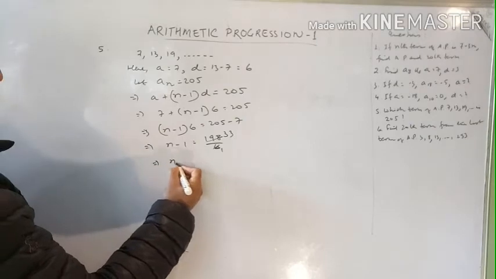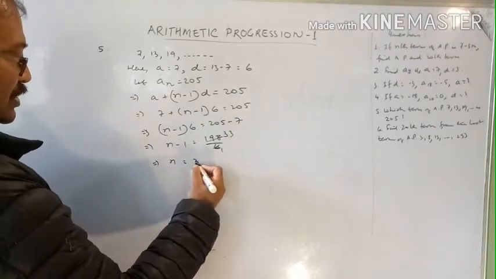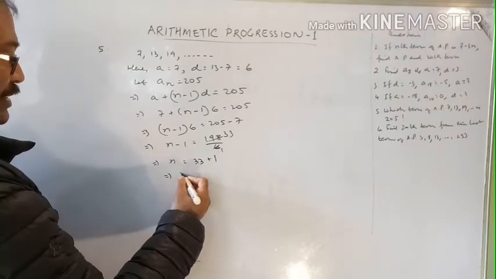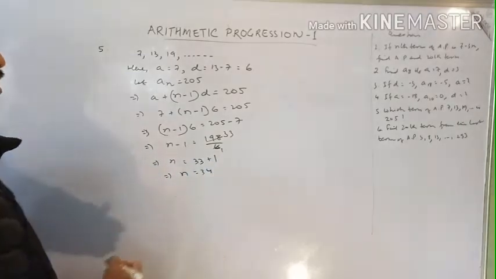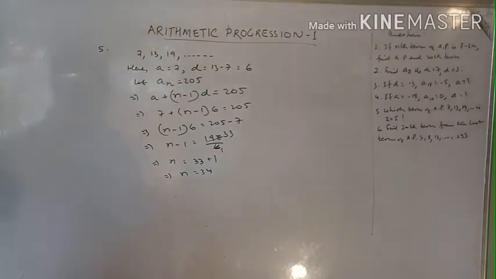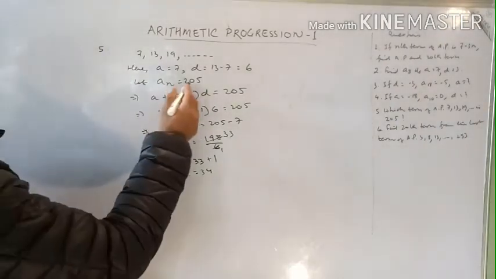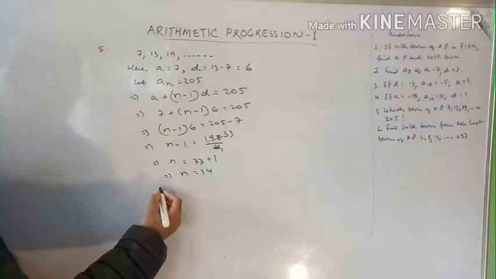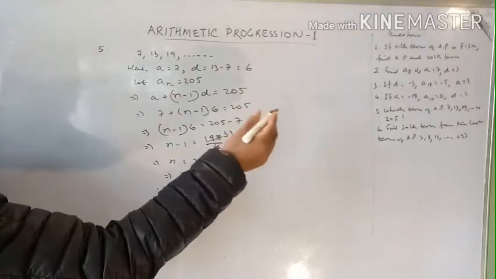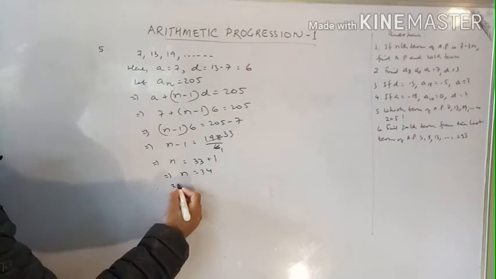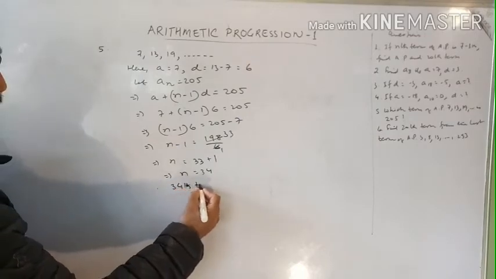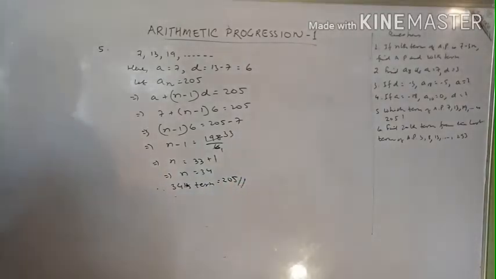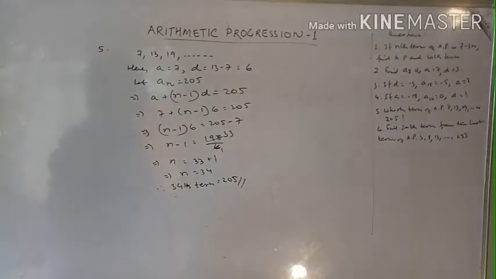So n minus 1 equals 33, and this implies n equal to 33 plus 1, so n equal to 34. We supposed that the nth term is 205, so that means the 34th term is 205. Therefore the 34th term is equal to 205. Okay, that is the answer.